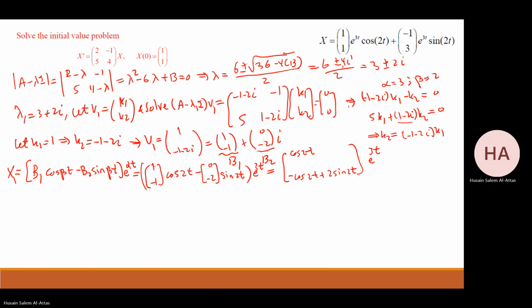Yeah. Now let me do X2, and then apply the condition. Okay. Yeah, let me do it quickly. That will be B2 now instead of B1. So it will be 0 minus 2 cosine beta t, but beta is 2.